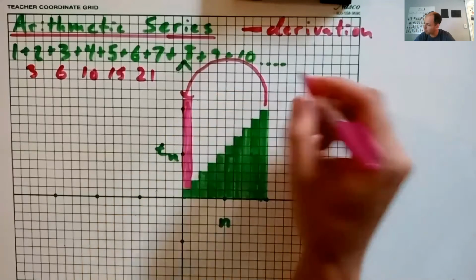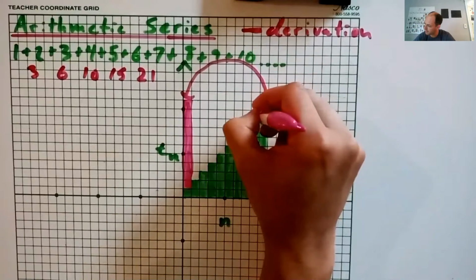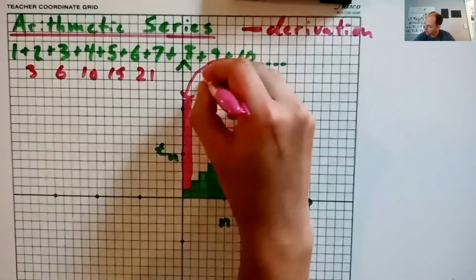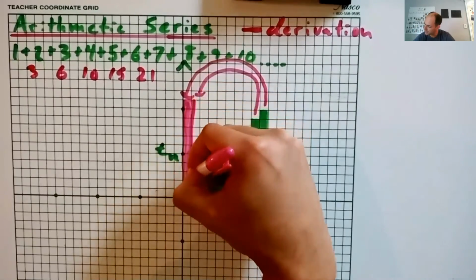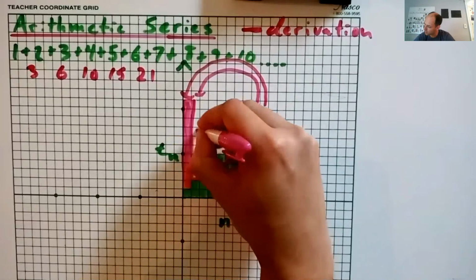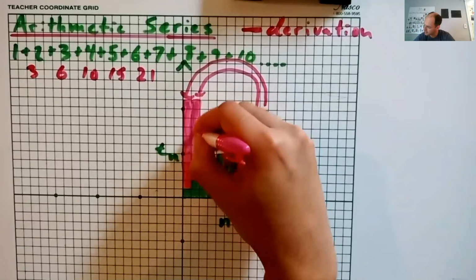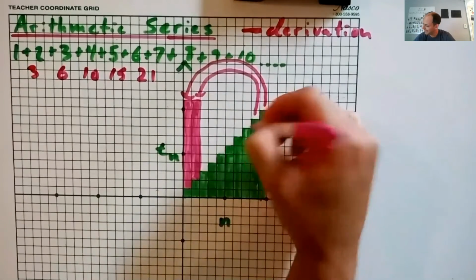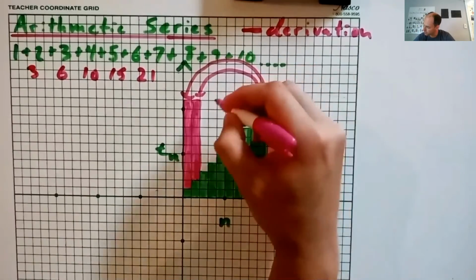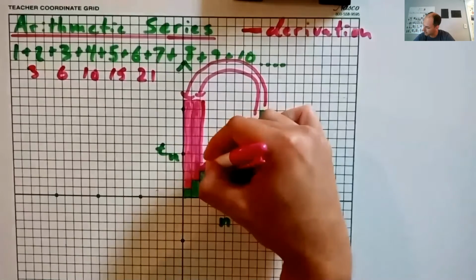If I took the 9 and added it to 2, notice how we would also get 11. If we take the 8 and add it to the third term, which is 3, that gives us 11.